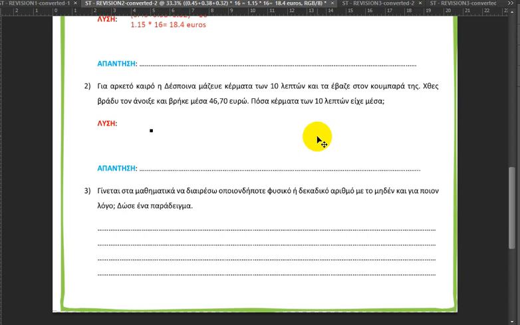So here we need to do 46.7 divided by 0.1, because remember, it's in euros, and 10 cents in euros is 0.1. If we do this division, we can do this vertically as well if we need to, but what we find is 460. So she needs to have 460 coins.